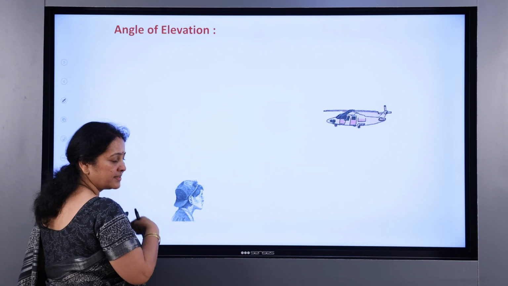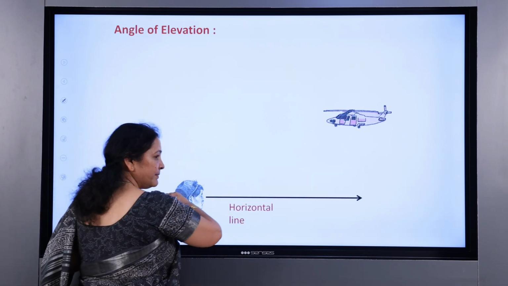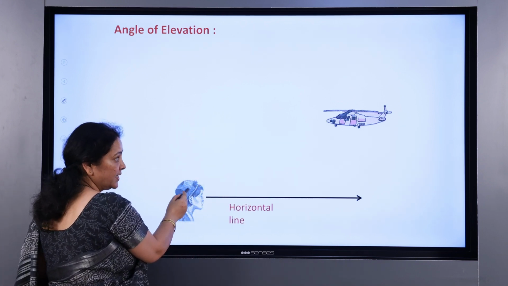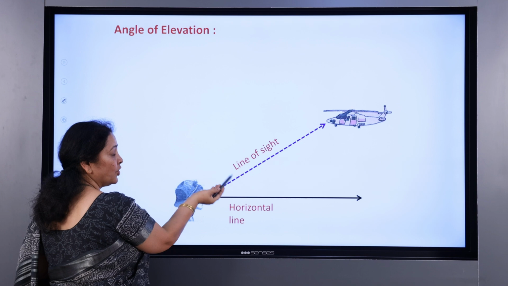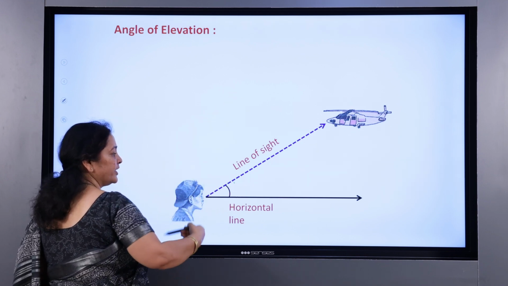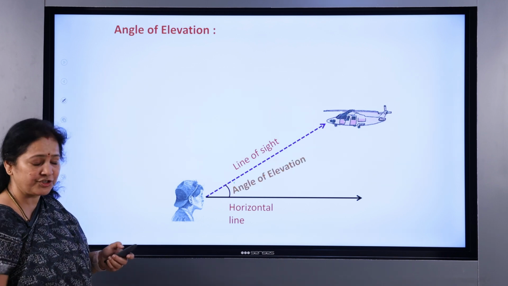Height, as I already said, negligible. So this is the horizontal line, the imaginary line joining the object and the eye of the observer is called the line of sight. The object is above the observer, so this angle is called the angle of elevation.